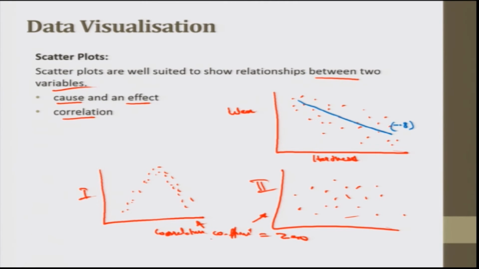So the correlation coefficient does not work, but yes, a scatter plot can be used to find a rough idea what kind of data we have.